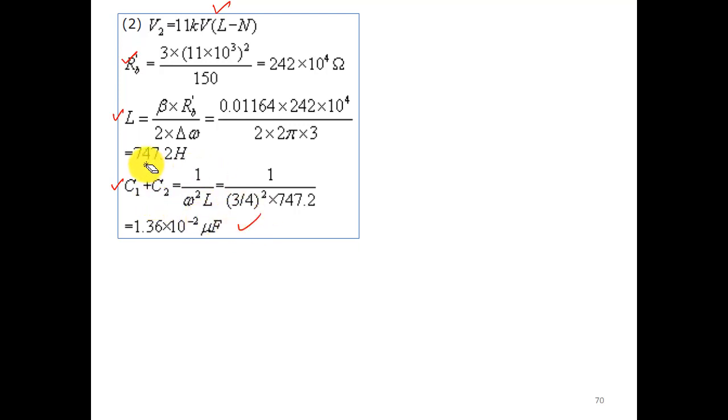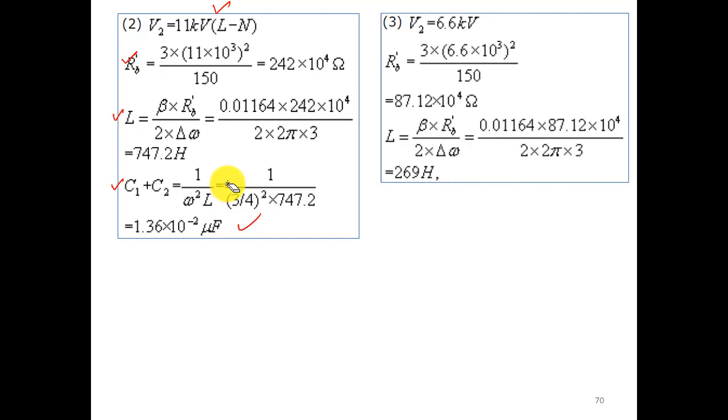L is found to be 747.2 Henry for V2 equal to 11 kV, and the equivalent capacitance C1 plus C2 is found to be 1.36 into 10 to the minus 2 microfarad, which is fed to the primary side of the VT.